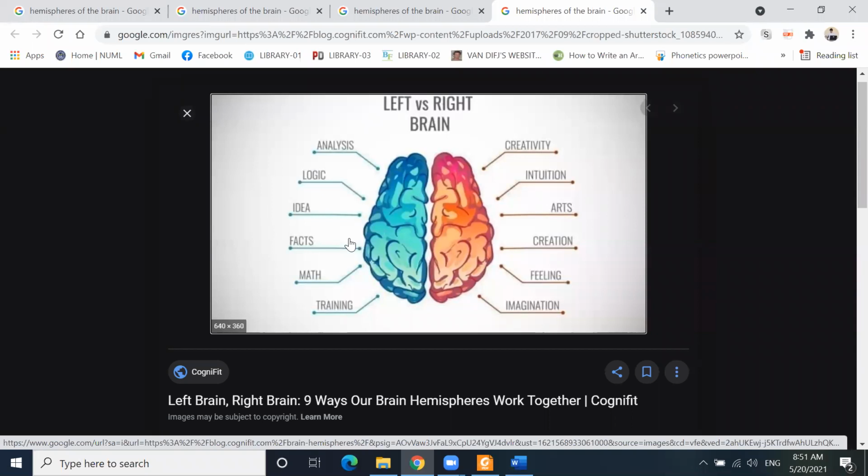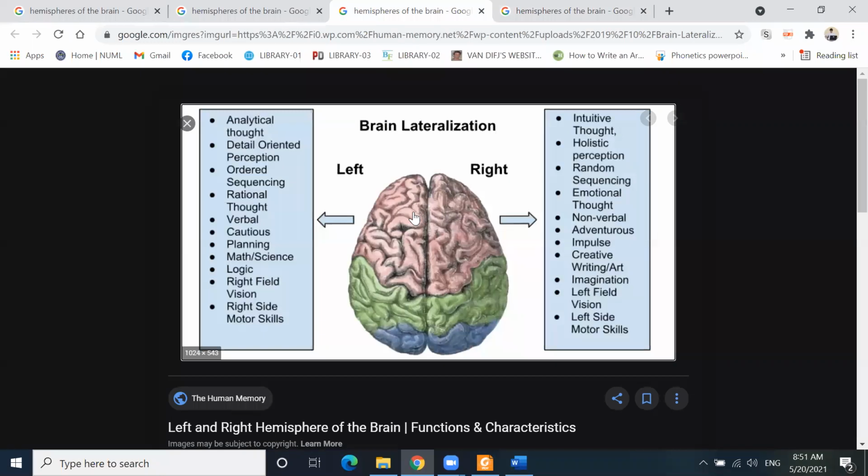Till that point, the left side of the body is controlled by the right hemisphere, while the right side of the body is controlled by the left hemisphere. It may be a bit confusing for you. Let me repeat it: the right side of the human body is controlled by the left hemisphere, while the left side of the body is controlled by the right hemisphere.